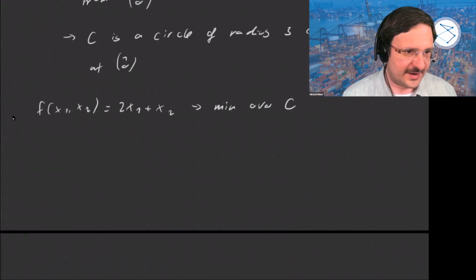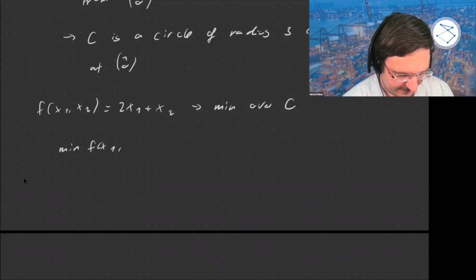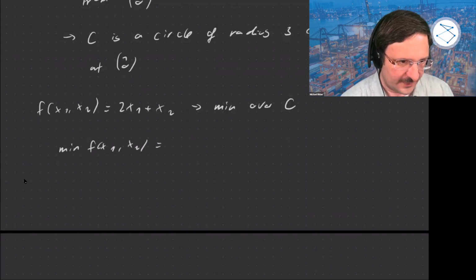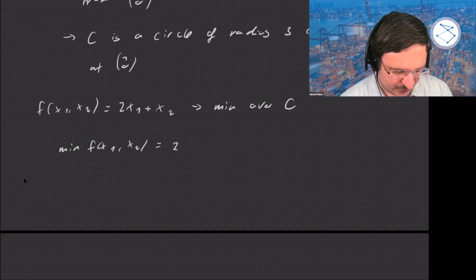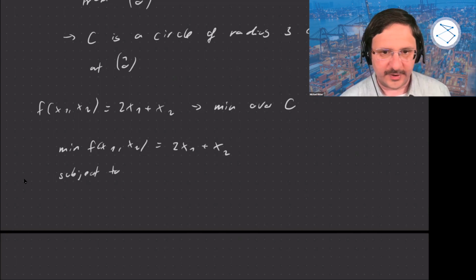So in this case, that form would be, we want to minimize the function f given as 2x1 plus x2, subject to the following set of constraints.